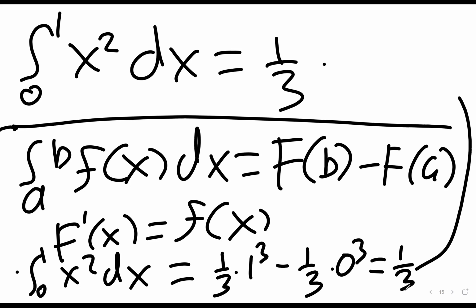You'll see that the result is the same, whether calculated by the limit of the Riemann sum or by the fundamental theorem of calculus. We'll learn in the next lecture about the fundamental theorem of calculus to simplify the calculation of the integral.